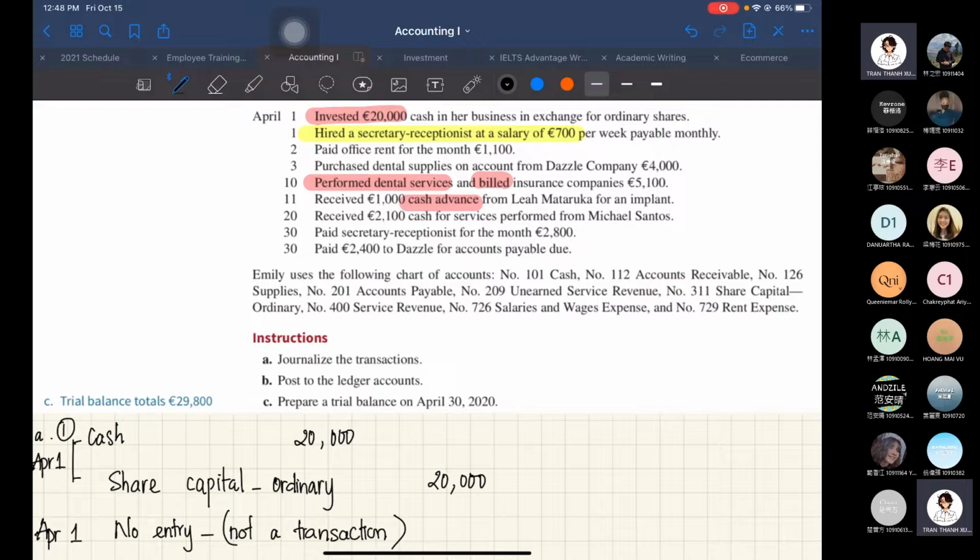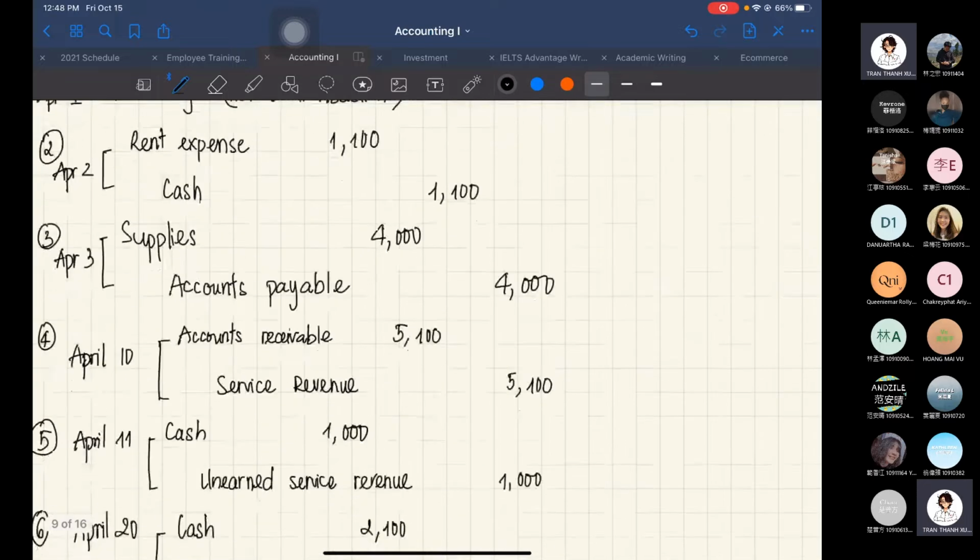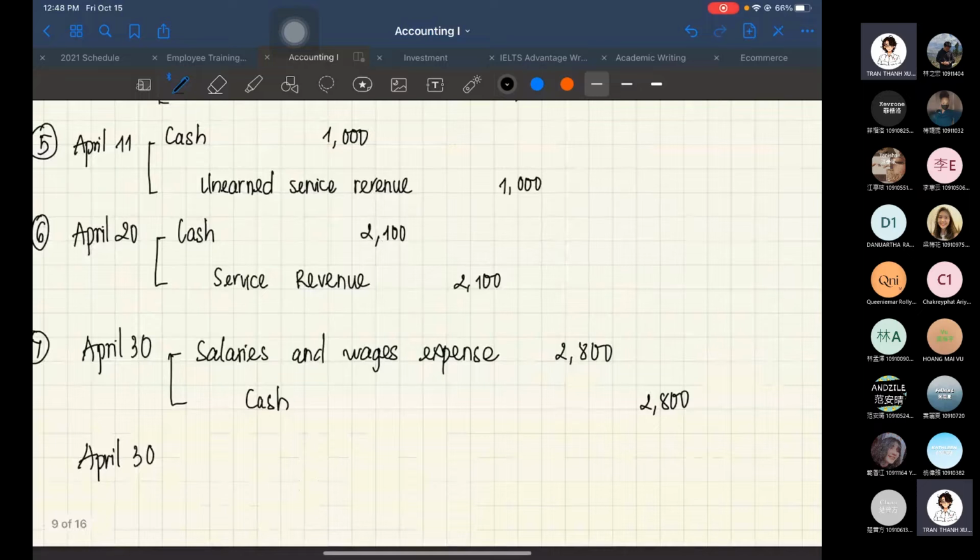Number 3. Great. In that transaction, the total amount was 4,000, but right now we just paid 2,400, which means that later on we still need to pay 1,600 to fulfill the debt.